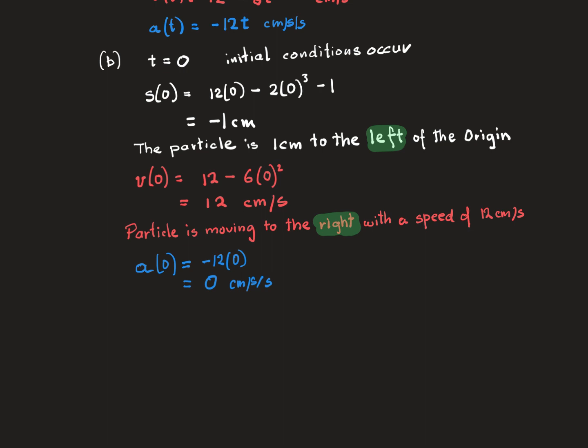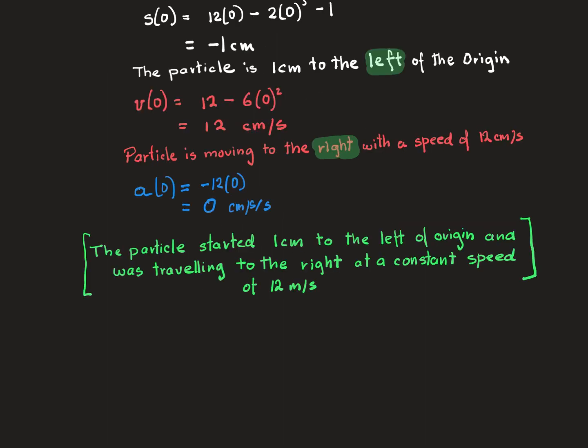Now that's going to change the whole story, because if there is 0 acceleration, we can now say that the particle is moving to the right with a constant speed of 12 centimeters per second. In these questions, the velocity and the acceleration are really very much related, so you really need to look at both. So these are our initial conditions.